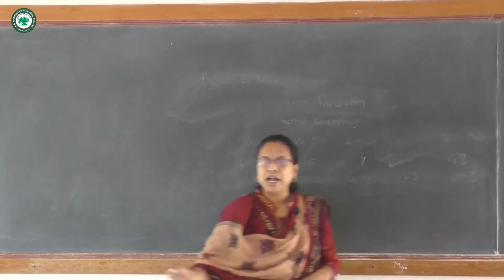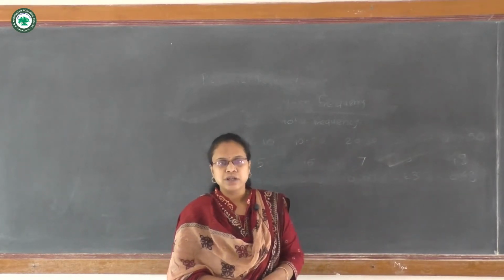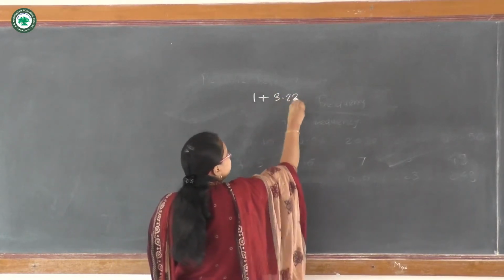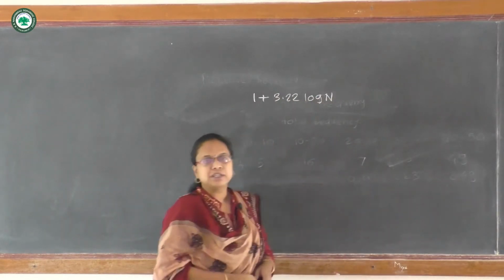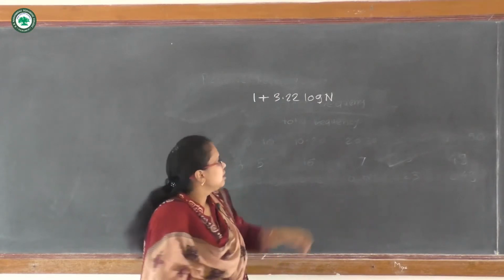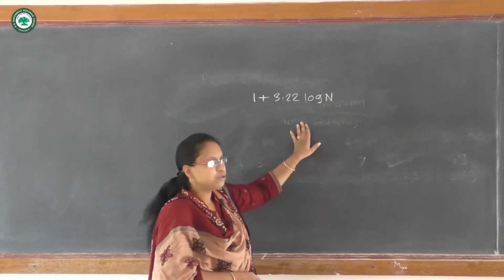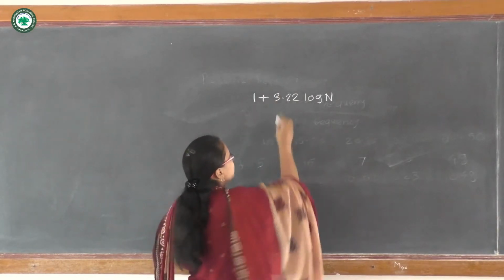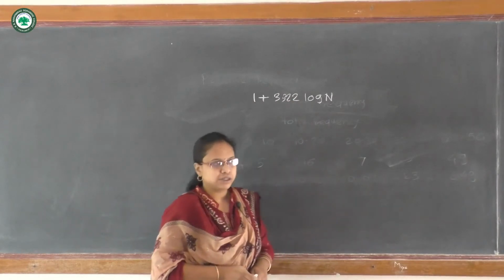There are some guidelines to choose the number of classes. According to Stokes' rule, the number of classes should be 1 plus 3.322 into log N, where capital N is the total frequency that we want to divide into classes.